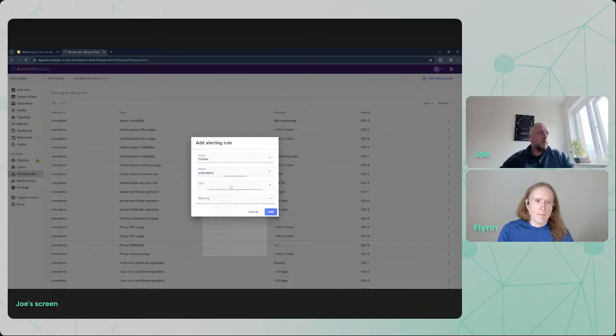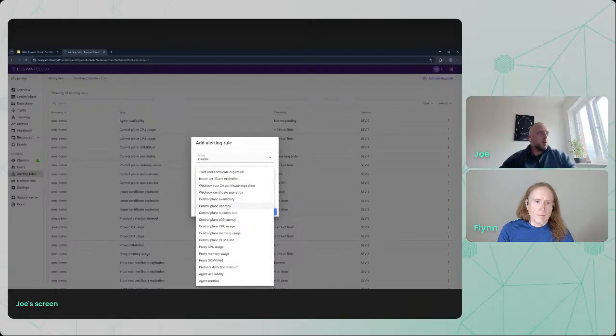My cluster's at the bottom there. Maybe I want to keep an eye on proxy CPUs. Maybe I've deployed a new version of an application, and I want to make sure there's not an issue where it starts spamming connections, where we might see some kind of elevated CPU usage in the proxy. Things like that do happen.